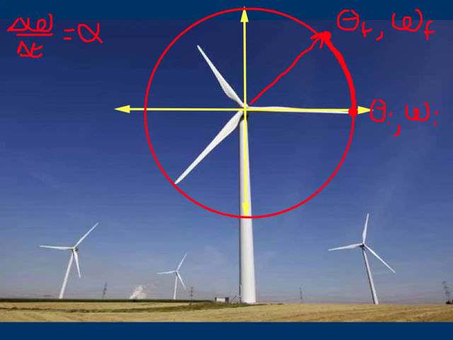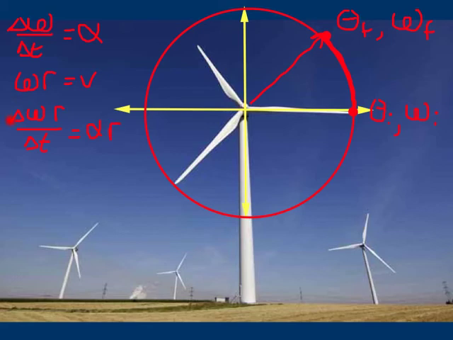How is angular acceleration related to the more familiar linear acceleration? Well, we're going to use the fact that omega, angular velocity, times r is equal to linear velocity. I'm going to multiply both sides of my top equation there by r. So I'm going to have the change in angular velocity times r divided by time is equal to angular acceleration times the radius.